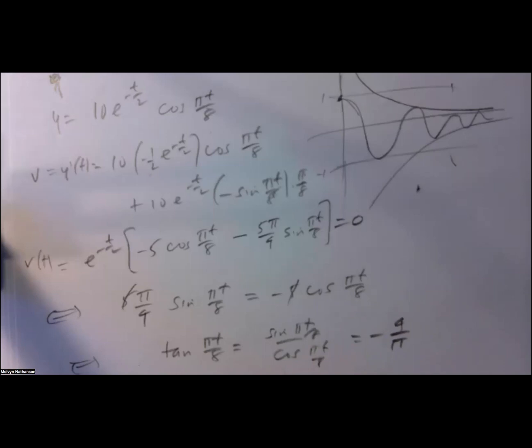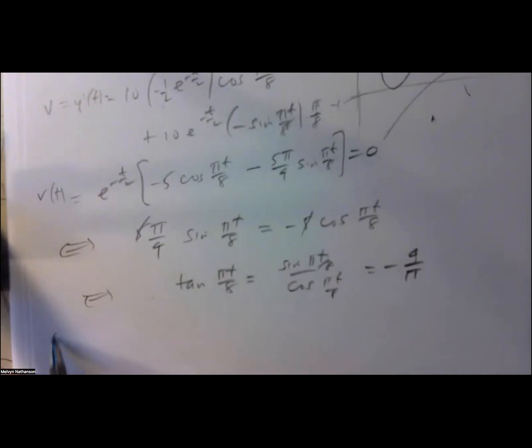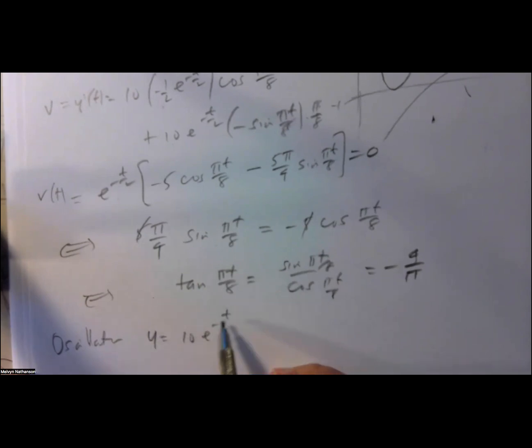And remember, the oscillation is given by y equals 10 e to the minus t over 2 cosine pi t over 8.